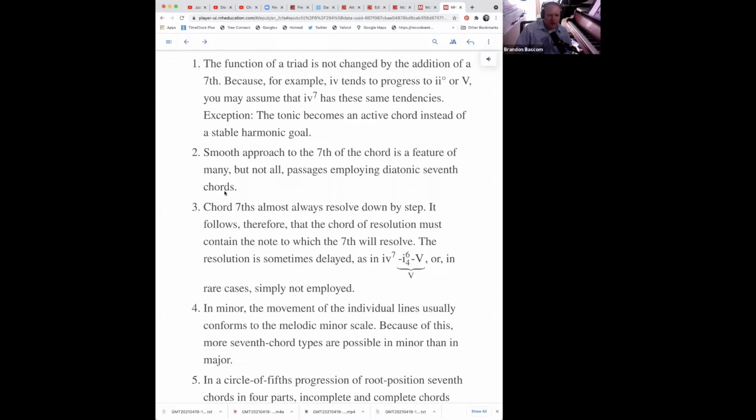Back to minor 1. What is this little doohickey right here? Passing tone, good. Another minor 1. All right, what's my root here?